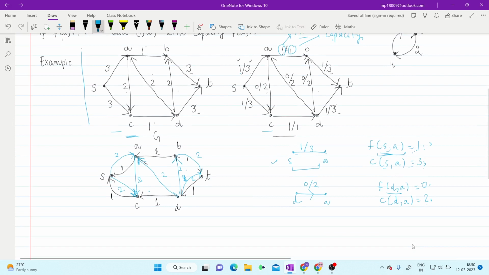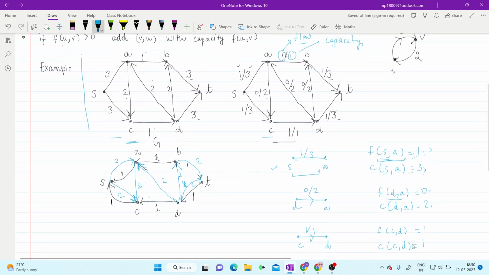Now consider the edge CD. It has 1 1, so CD has flow 1 and capacity also 1. Here the first condition is not satisfied.